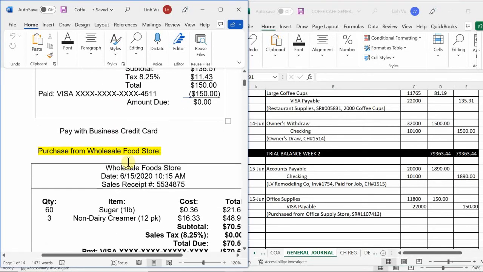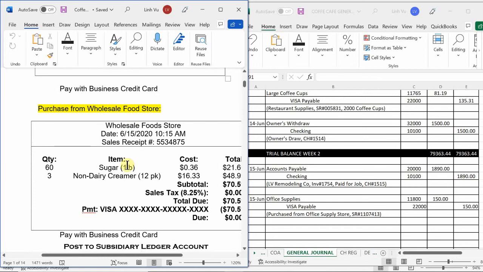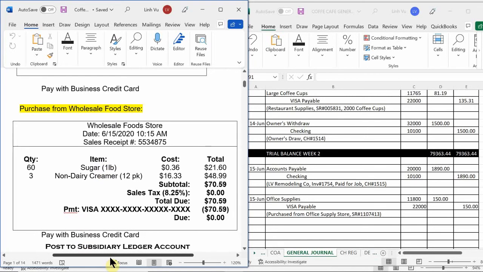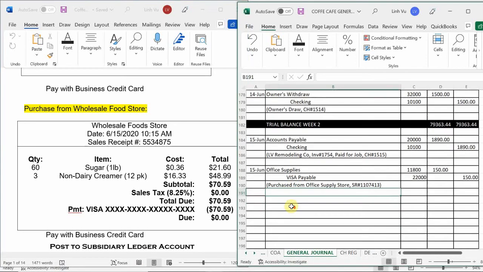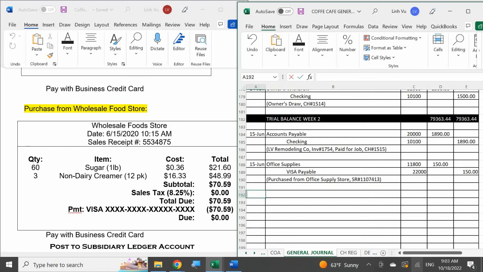Okay. Next, right here says that we purchased from wholesale food store. And we used our business credit card once again to pay for these items. So what did I buy at wholesale food store? The sugar and non-dairy creamer. Okay, good.